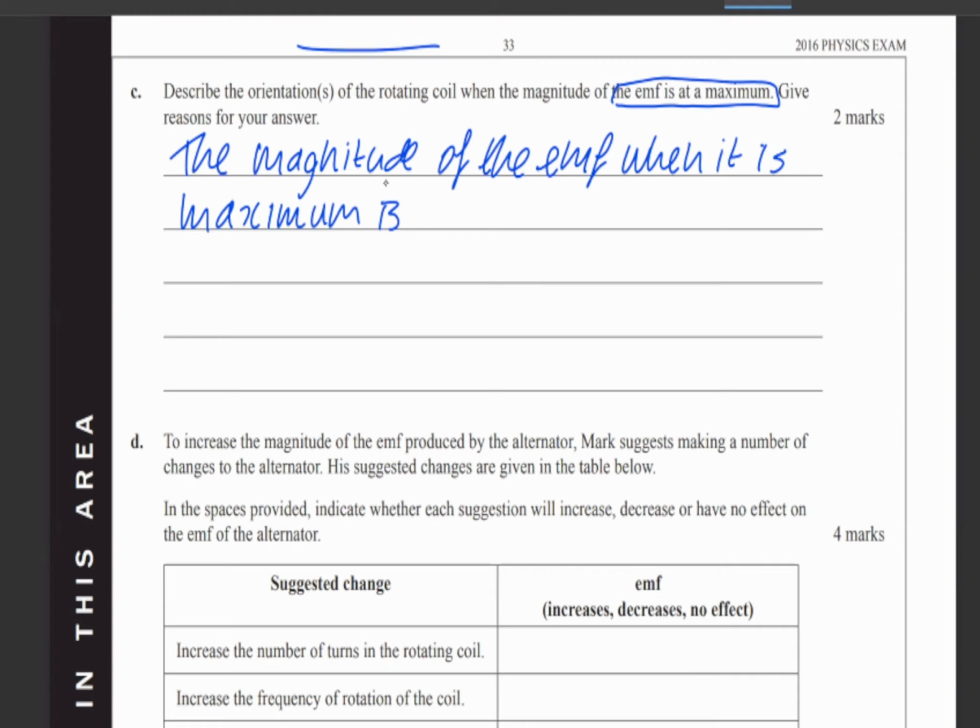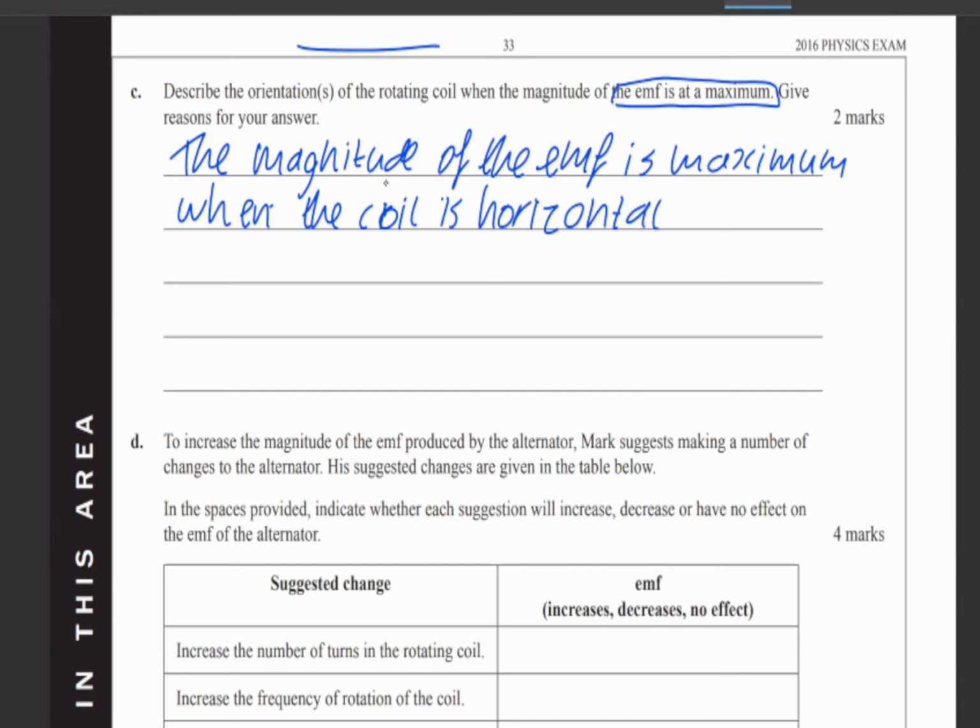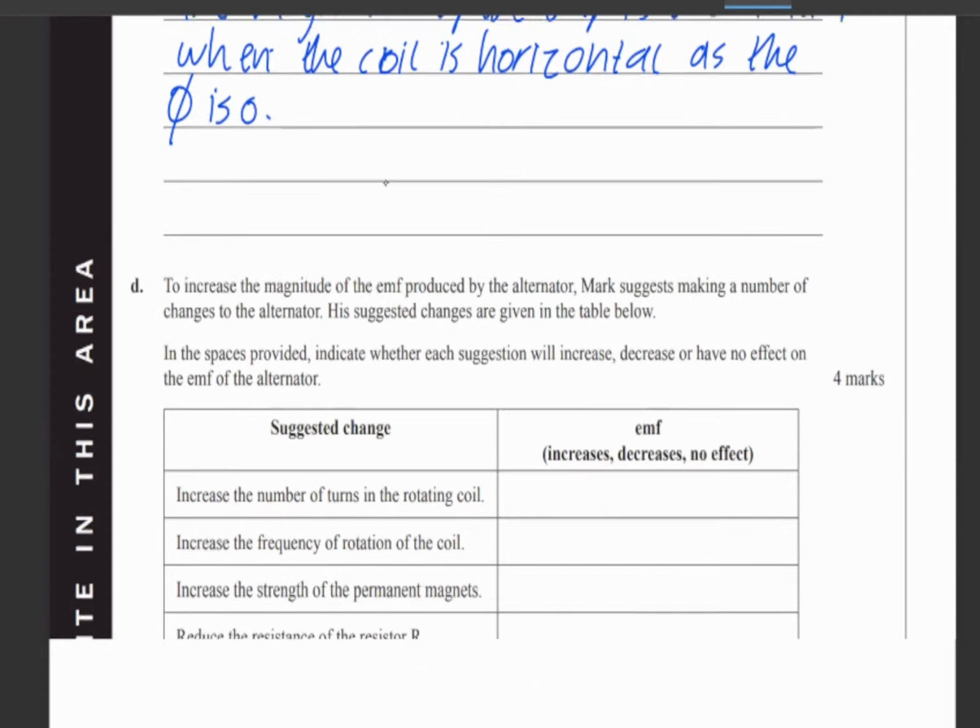EMF is maximum when the coil is horizontal, as the magnetic flux is 0. I think that should be okay.